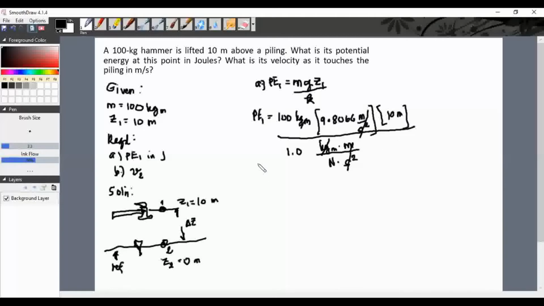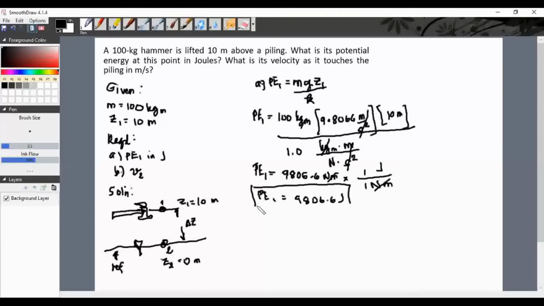So PE1 is equal to 9806.6 Newton meter. By conversion, we all know that 1 Newton meter is equivalent to 1 joule. So the potential energy at 1 is 9,806.6 joules. This is our answer to the first requirement.